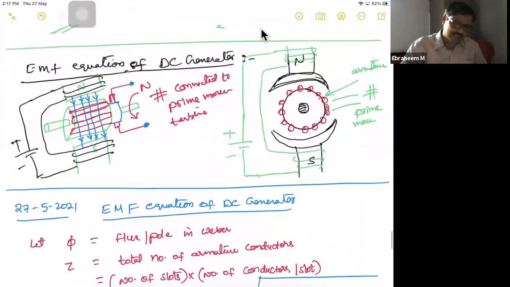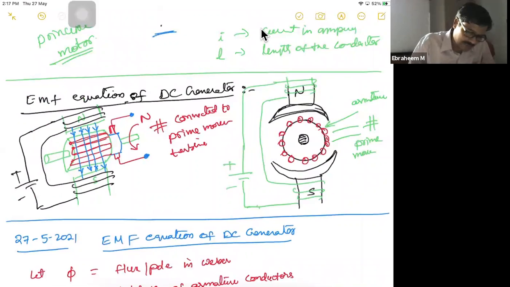I have shown you the figure here. See here in the left side diagram, the center cylinder is there, and the green color shaft is there.